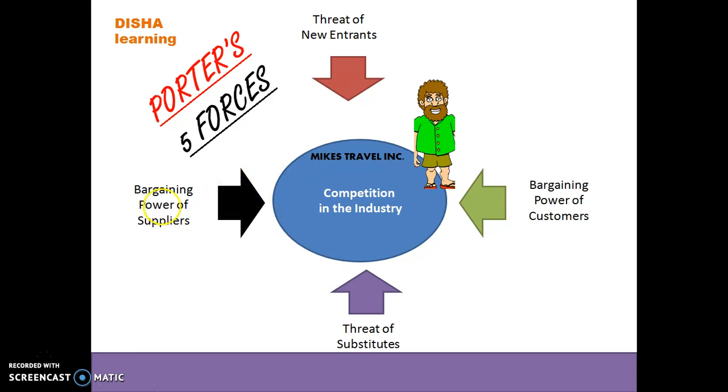Now let's look at the bargaining power of suppliers. Who are the suppliers to the travel industry? You have airlines, you have hotels, maybe you have special resorts. All these are suppliers to the industry. Do the suppliers have bargaining power? Suppose you are in the travel industry and one airline refuses to offer you a special deal that you want, or a hotel, you could always go to some other hotel, right?